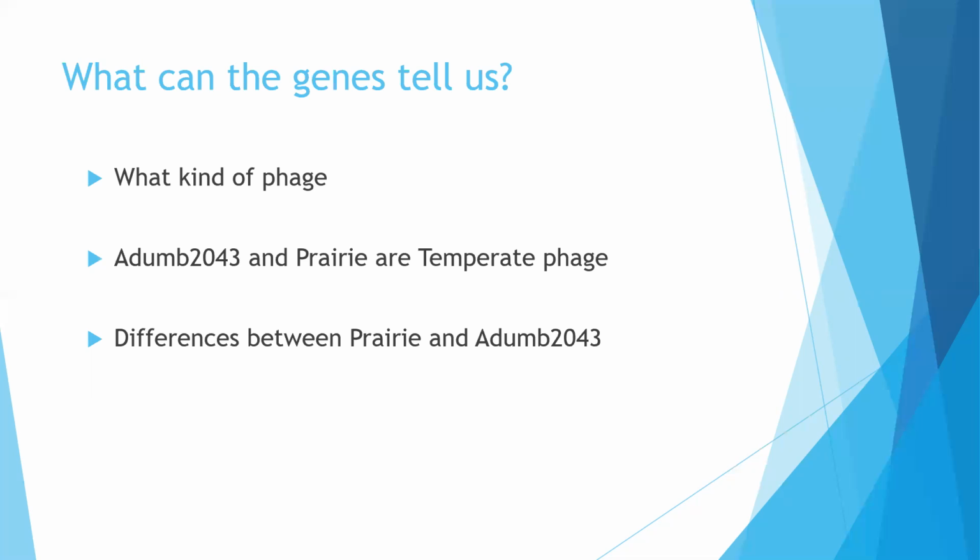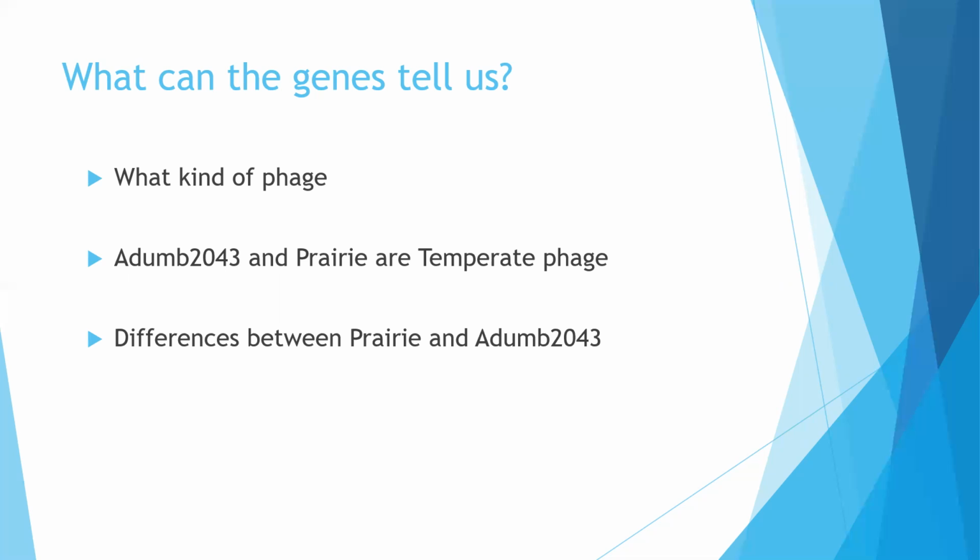Prairie will insert its DNA into the host, but it won't actually put its DNA into the host's DNA. Whereas ADAM actually will insert its DNA into the host's DNA.